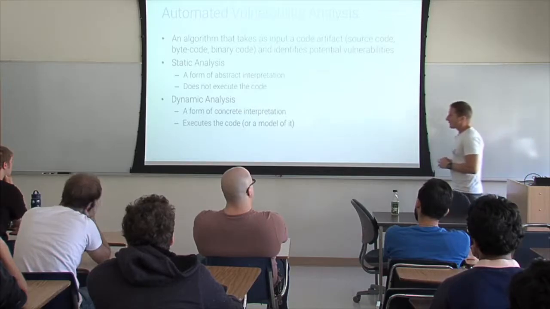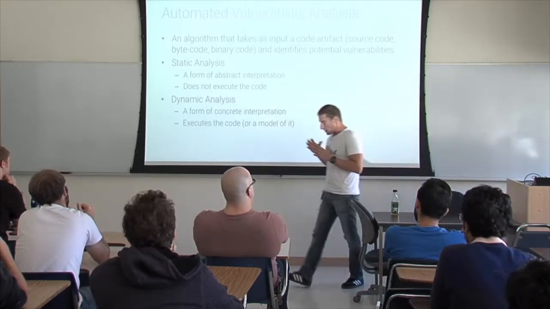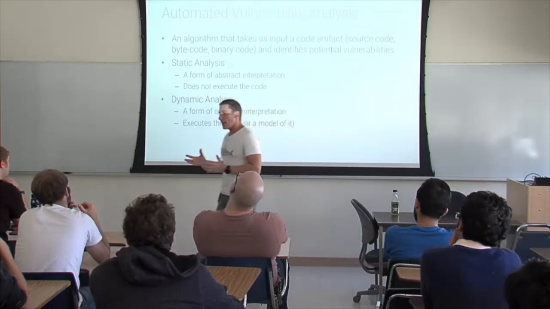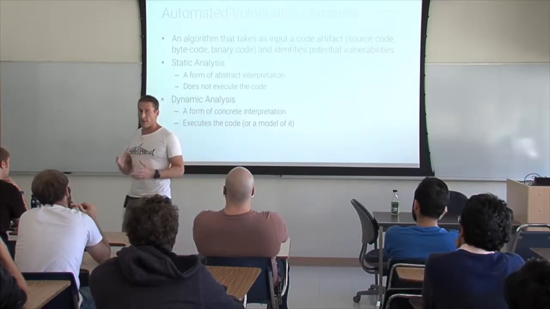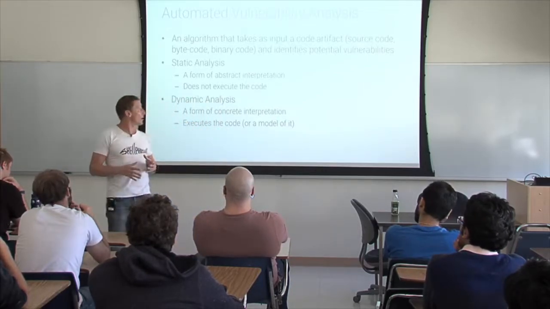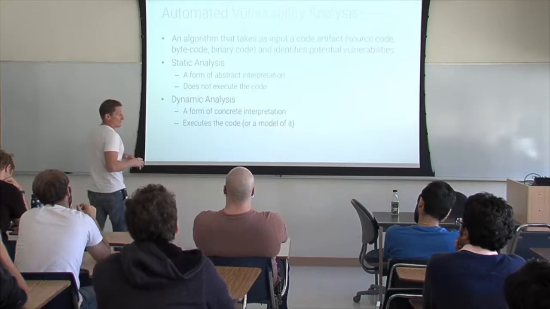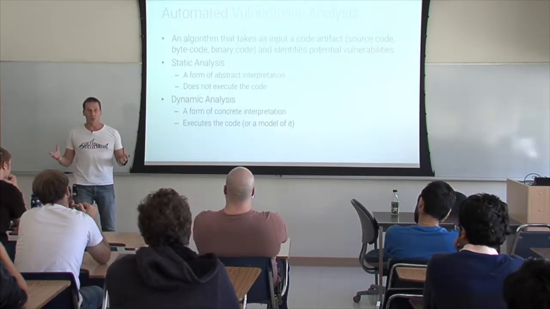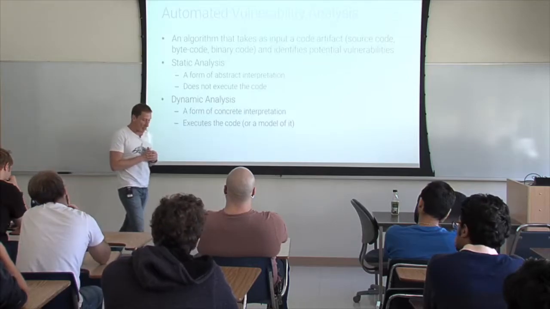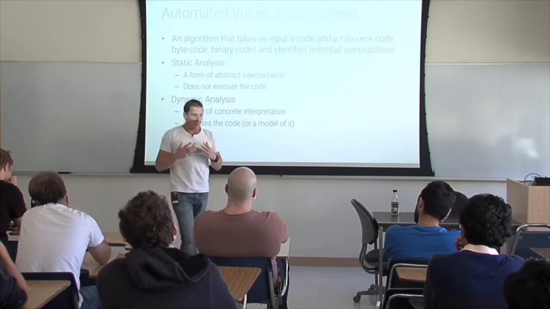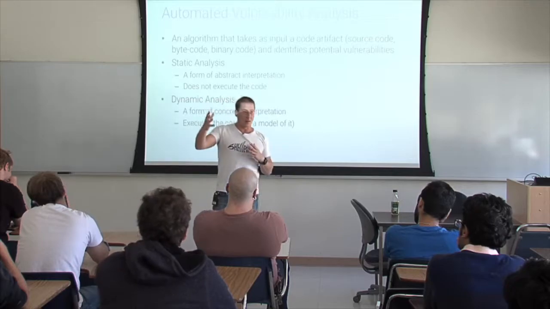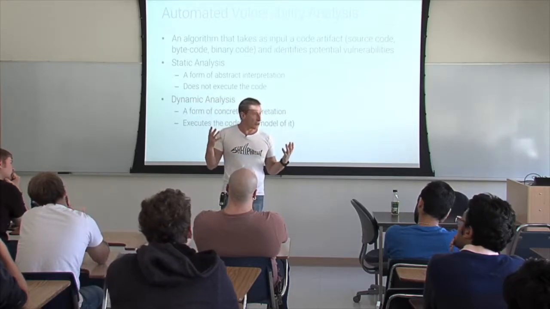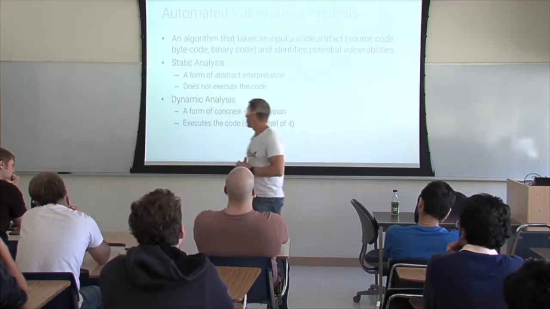But going back to finding vulnerabilities, with automated vulnerability analysis, we try to find an algorithm that is able to take source code or binary and identify flaws. Okay? So in a way, we want to replicate whatever is going on in the mind of a human in terms of how they find flaws.